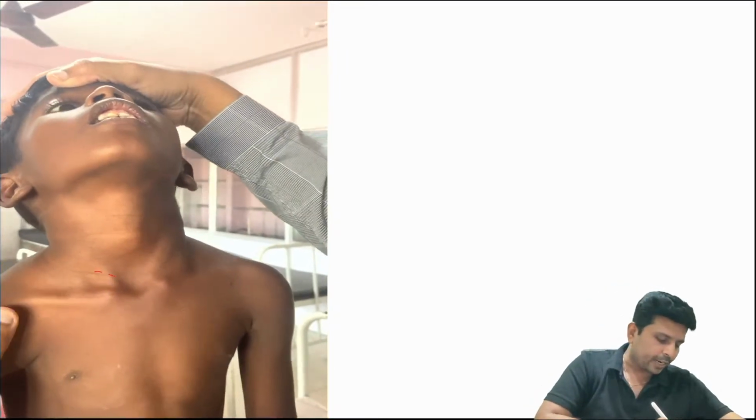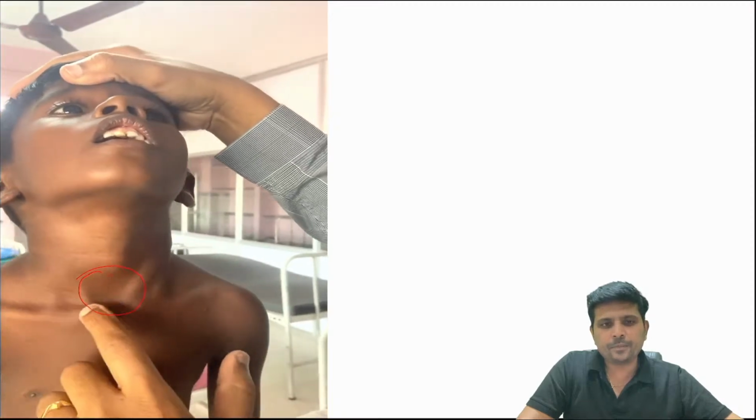It is not the sternal head, it is the clavicular head of the right sternocleidomastoid muscle. So what does it indicate?